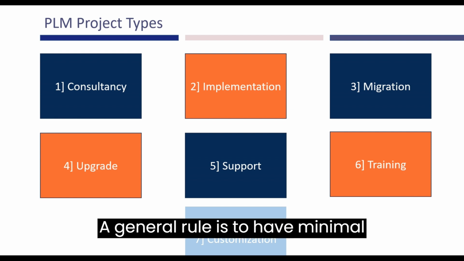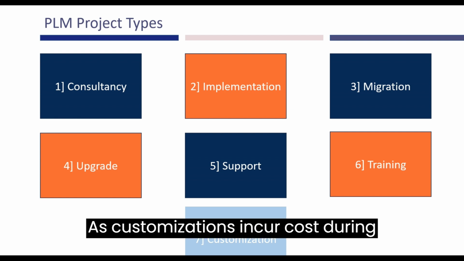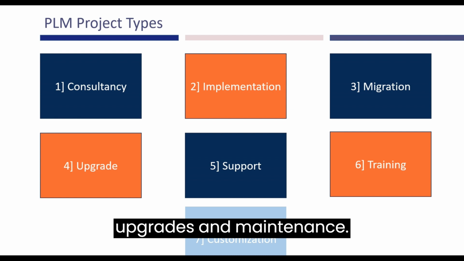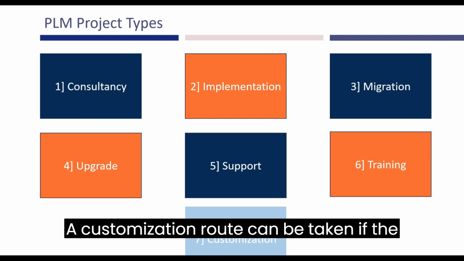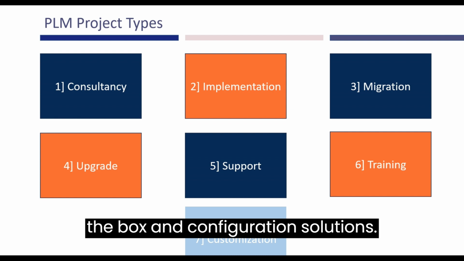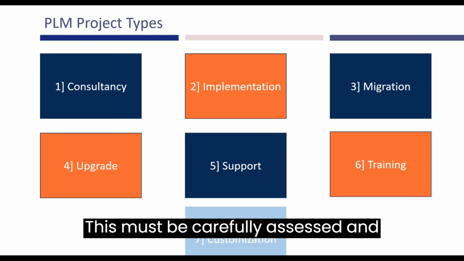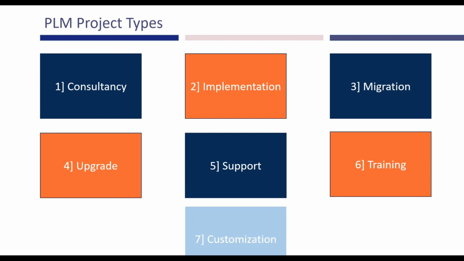A general rule is to have minimal customizations and major configurations, as customizations incur costs during upgrades and maintenance. A customization route can be taken if the solution cannot be achieved through out-of-the-box and configuration solutions. This must be carefully assessed and reviewed by the Program Change Control Board.